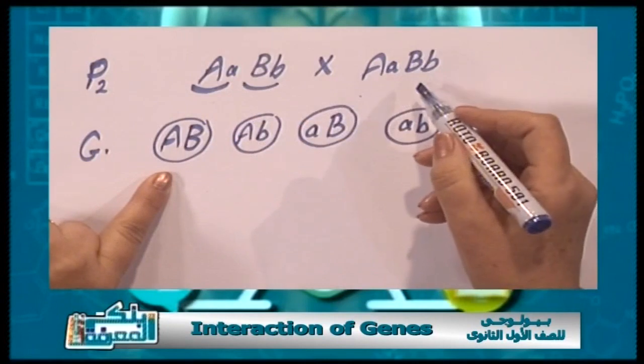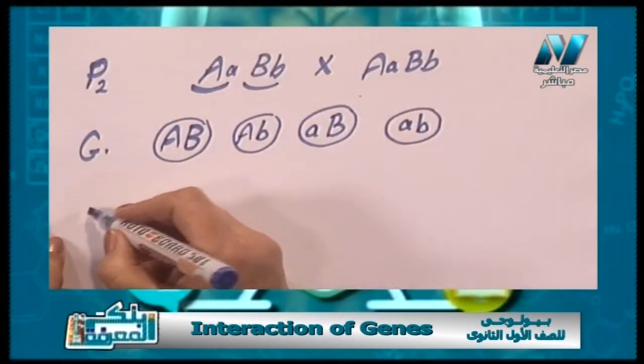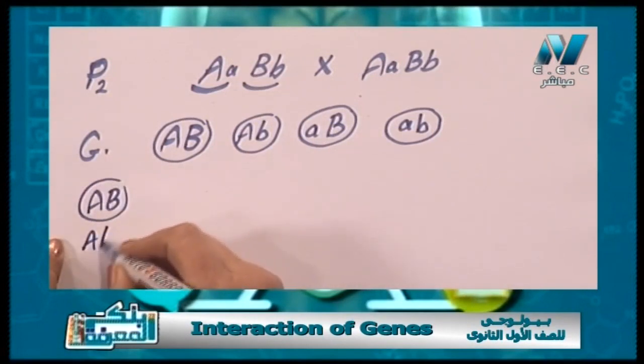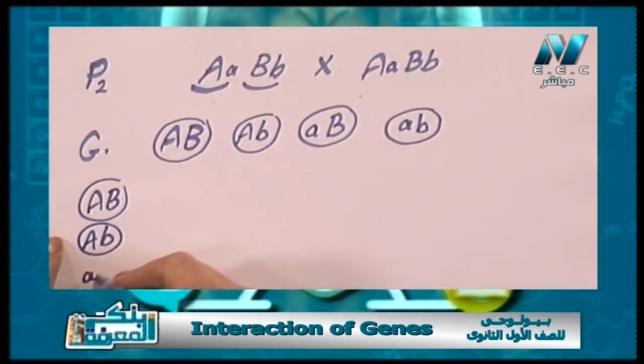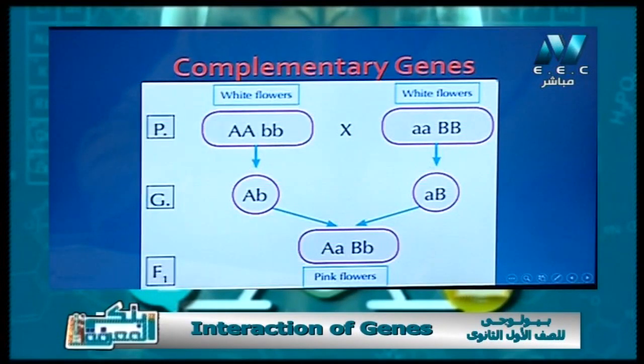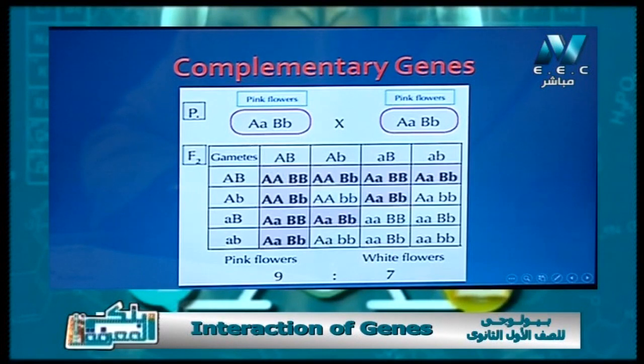What about the second individual? Yes, it's the same. We put them in a table as you used to do, like this. And let us follow on the screen. And these are the parents, two white flowered plants, and the gametes to produce the pink flowered plants.